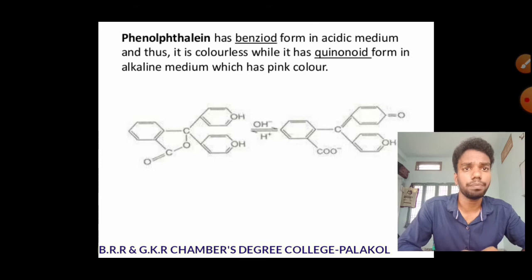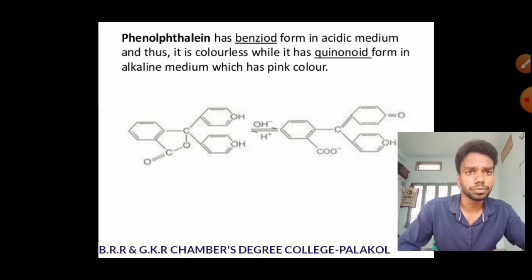If you take an example, phenolphthalein, that is the structure of phenolphthalein. I already told you, phenolphthalein is a weak acid, so it has H plus ions. It dissociates into H plus and the anion, right?